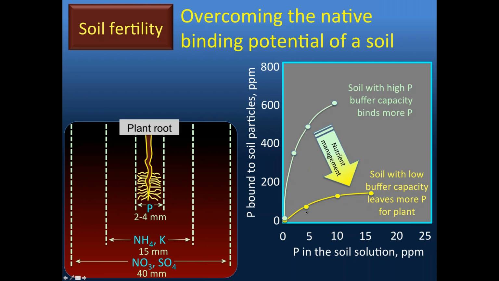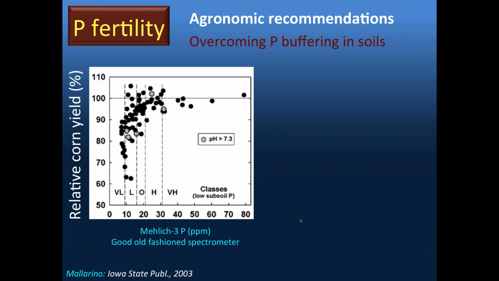So this is very, very important. With this type of soil, we can use phosphorus fertilizer much more efficiently. When we add an incremental amount of phosphorus to it, much less is bound relative to what stays in solution. And that is essentially our approach. It's kind of a crude approach, but it's our approach to fertilizing soils.